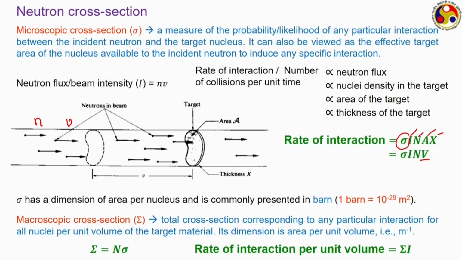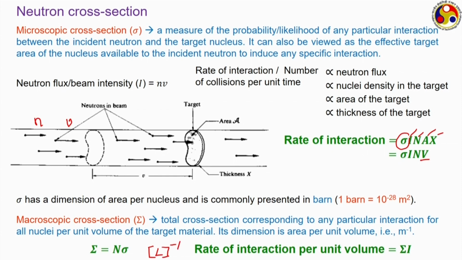And then what should be its dimension? Sigma has a dimension of length square and n will have a dimension of L to the power minus 3, as we are talking about nucleus per unit volume. So, the dimension of this capital sigma should be L to the power minus 1, or length inverse.